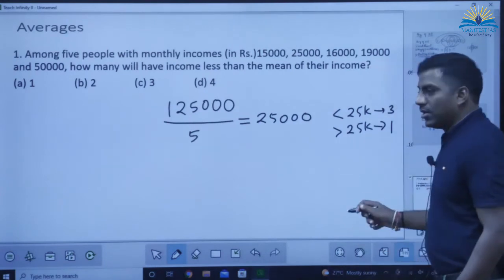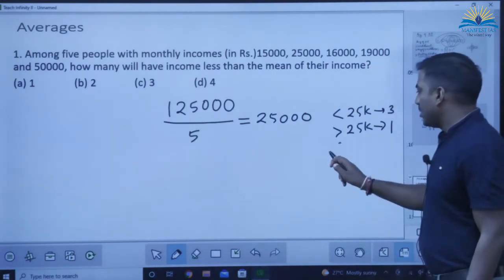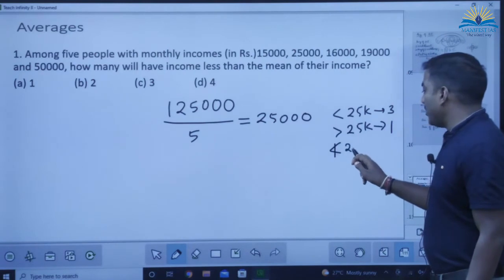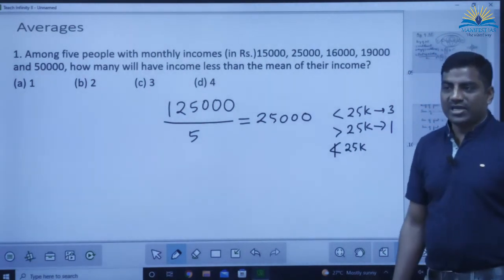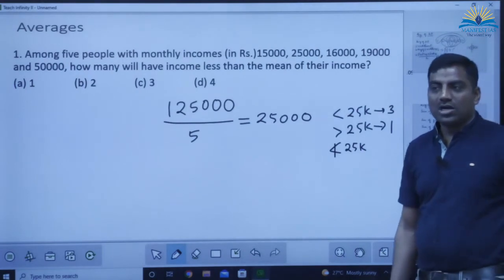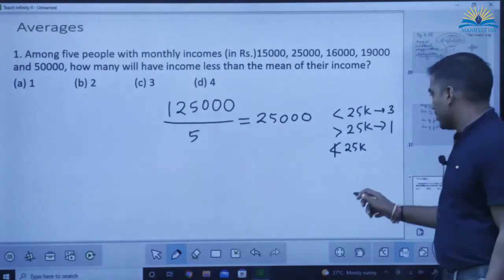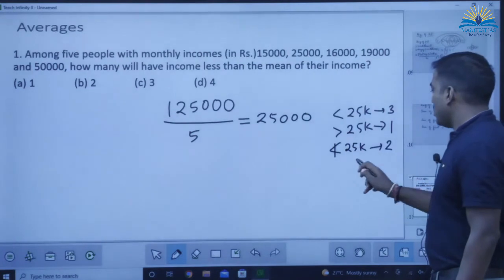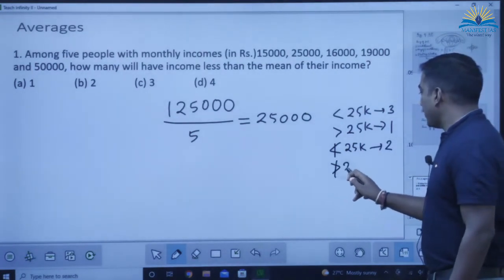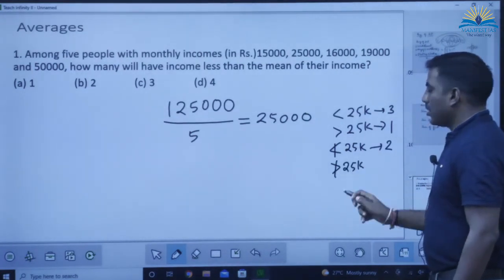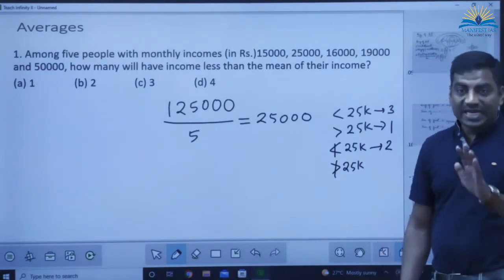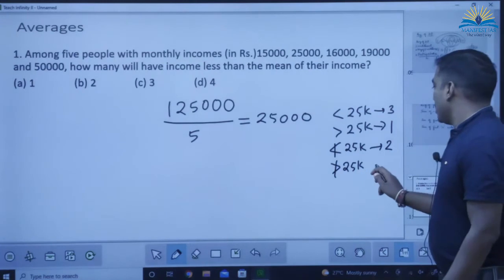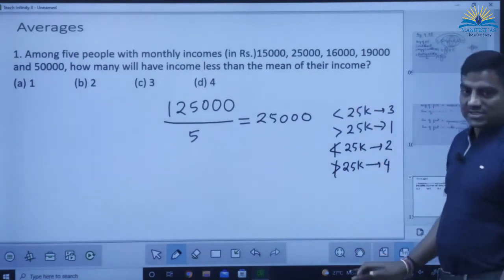Now tell me, how many of them are getting not less than 25K? Not less than 25. 2. Very good. Not more than 25. It should not cross 25. It can be 25. So these are the different derivations.